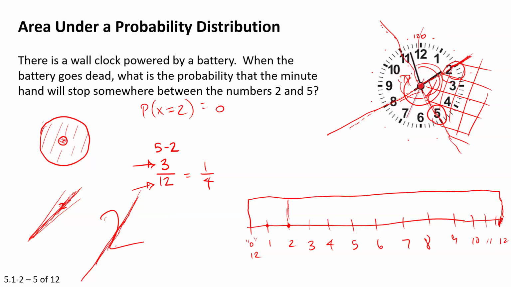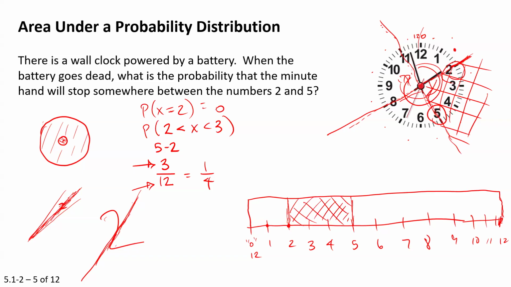We can only talk about questions like what's the probability that it lands somewhere between 2 and 3? And that was your 1/12th. That was one of the 12 pies, wasn't it? See that? And so, yeah, from 2 to 5 here, what is the probability that it lands somewhere between, let's say, 1 and 2?